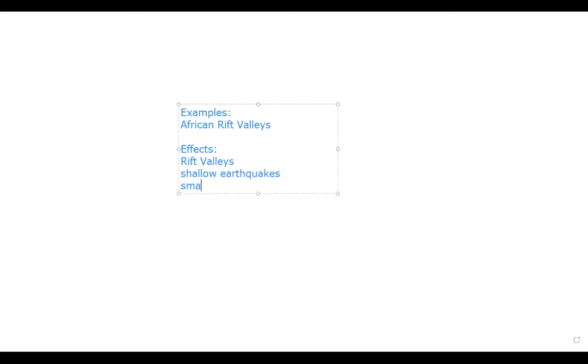And occasionally you can get some small volcanoes. Not a lot, more like lava flows, because where things pull apart, it lets some of the mantle push up in there. So those are the examples and those are the effects.